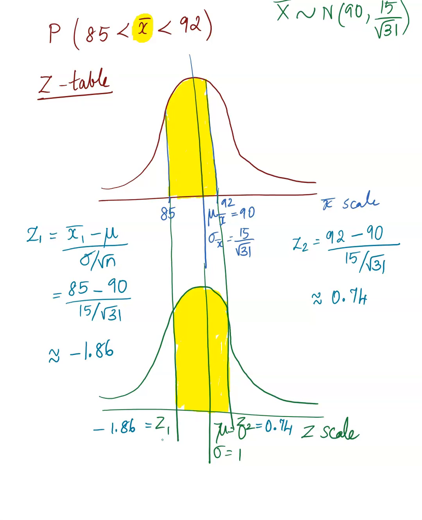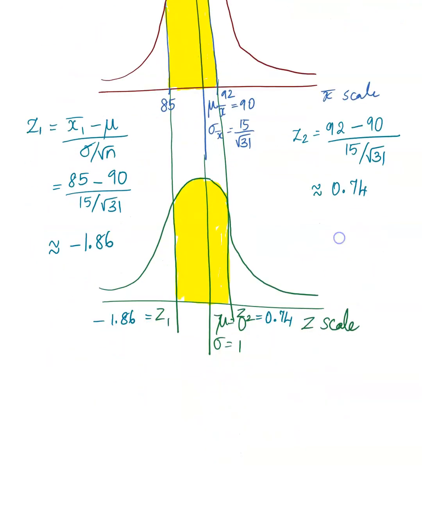So you got those. Now you will have to go to your Z table. The probability of 85 less than x bar less than 92 will be the big area minus the small area, because you know that the Z scale gives you the cumulative area.